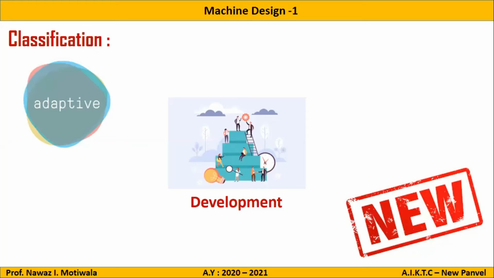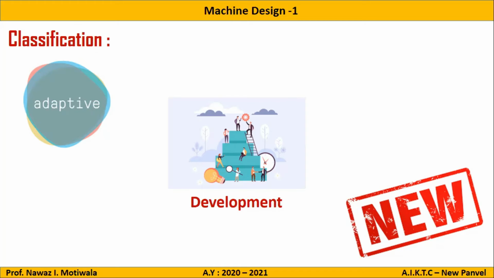Now what will others do? Others will adapt that answer and write the same answer again and submit it. So what is meant by adaptive? The product is already there, and you are copying that product, or you are making just slight changes in that product.